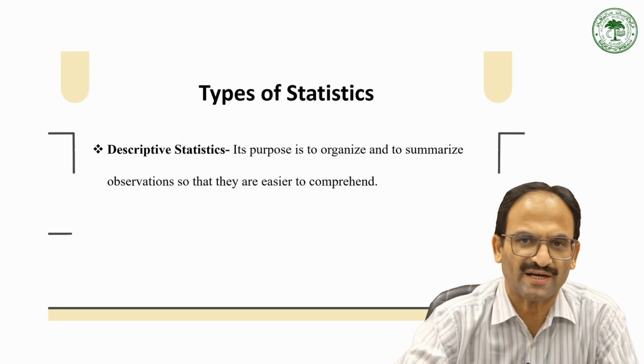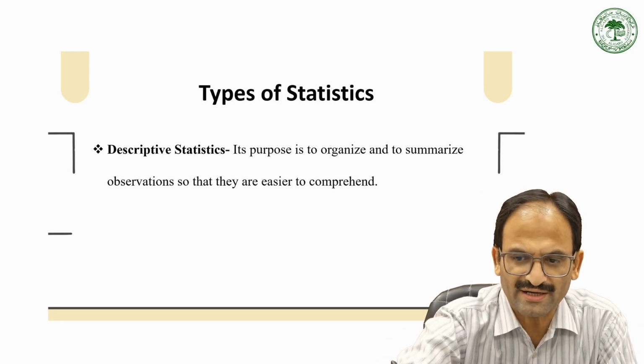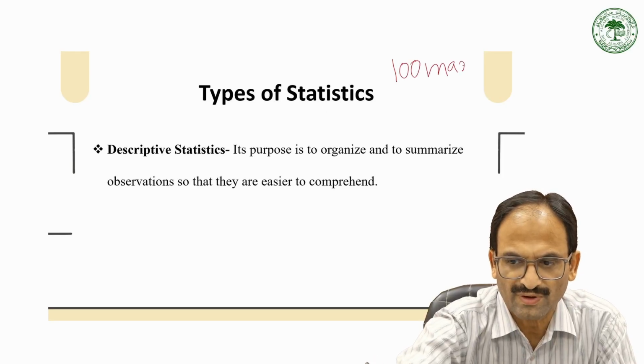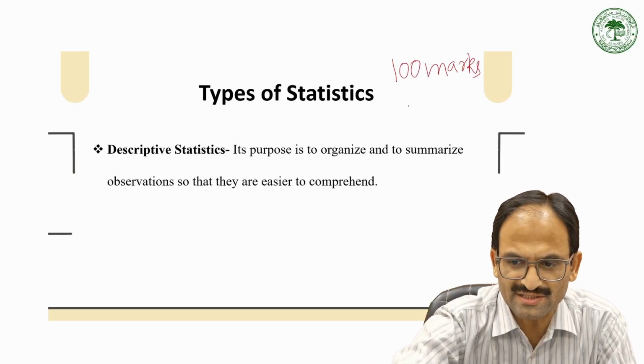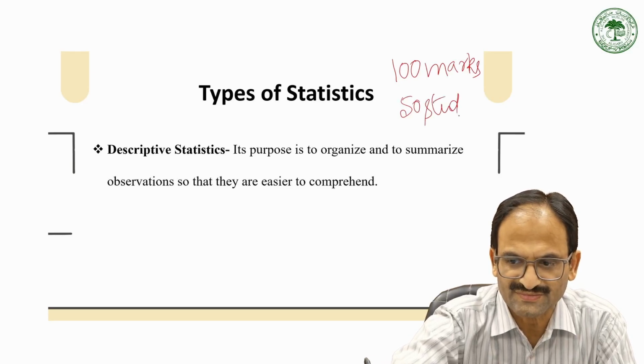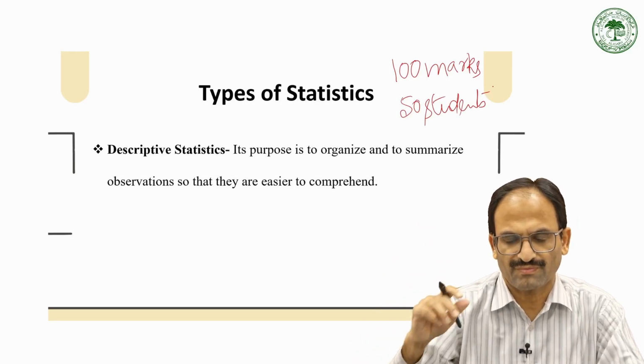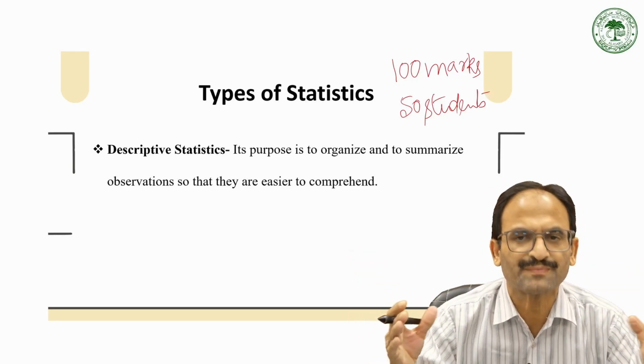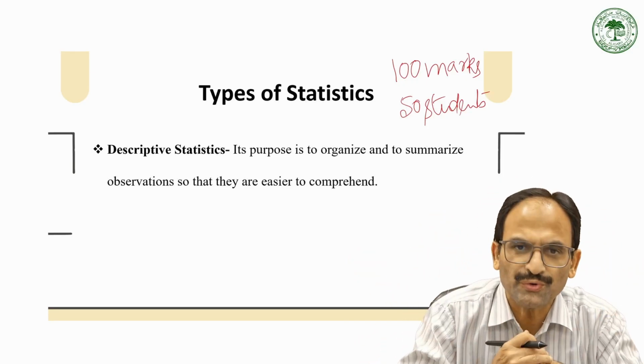Suppose you are a teacher and you have conducted a test of 100 marks, and in your class there are 50 students. The marks which the 50 students have got, you have it with you.